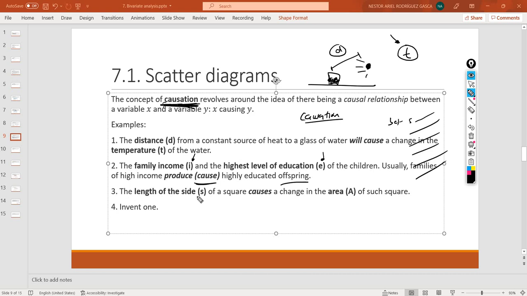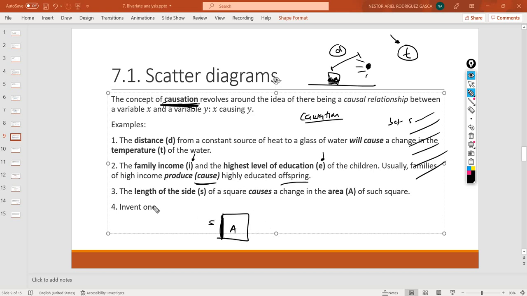Now, what about this? The length of the side of a square. Let's imagine a square, and we have this S, which is the length of the side of the square. And what other variable of interest can a square have? The area, right? So we have these two variables, the length of the side and the area of the square.